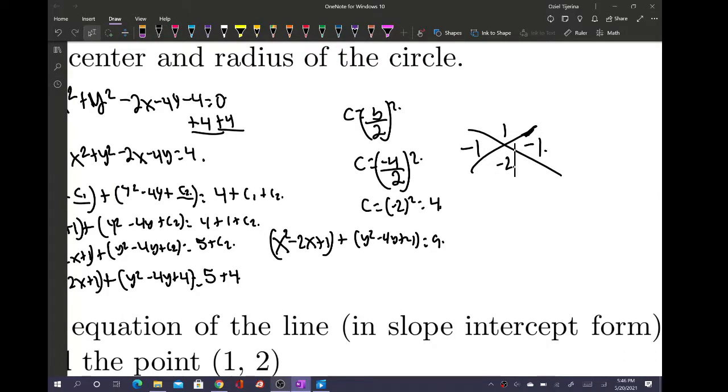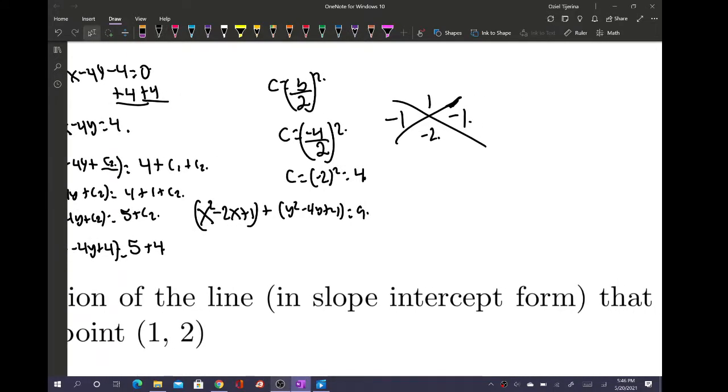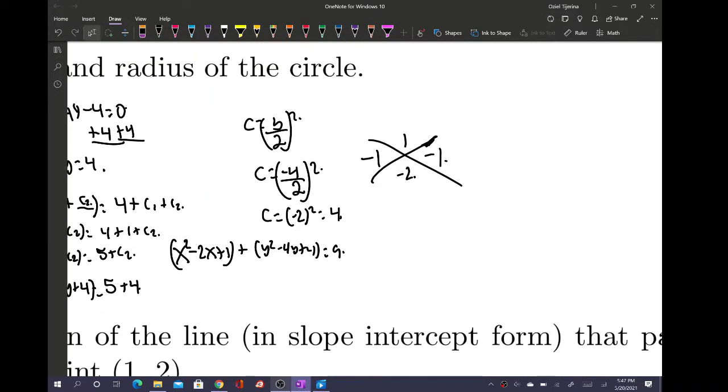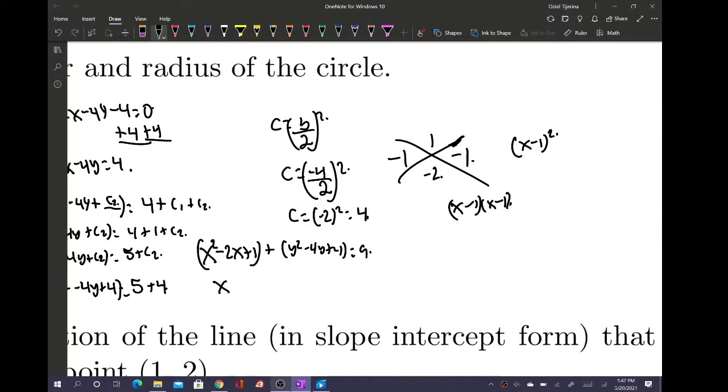Because the leading coefficient is 1, we don't really have to do the box method. It would just be x minus 1 squared, because it would be x minus 1 times x minus 1.